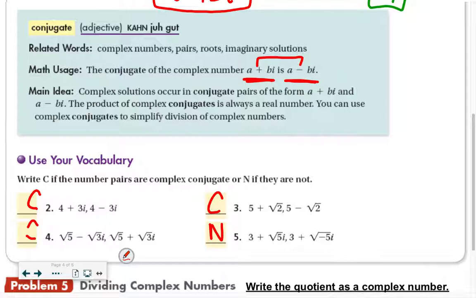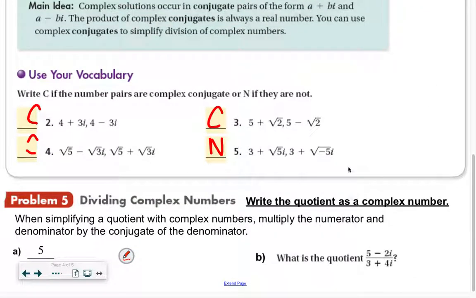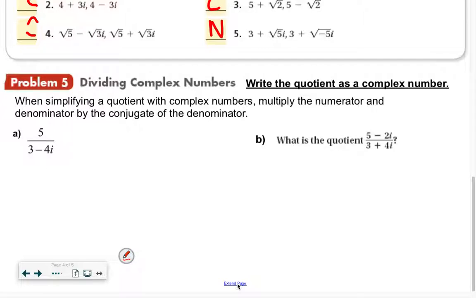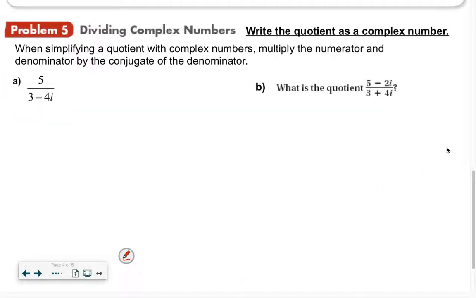Okay. Questions there? No? Okay. This next stuff is using that conjugate to write numbers in the proper form. In math, it's kind of improper to leave square roots in our denominator.